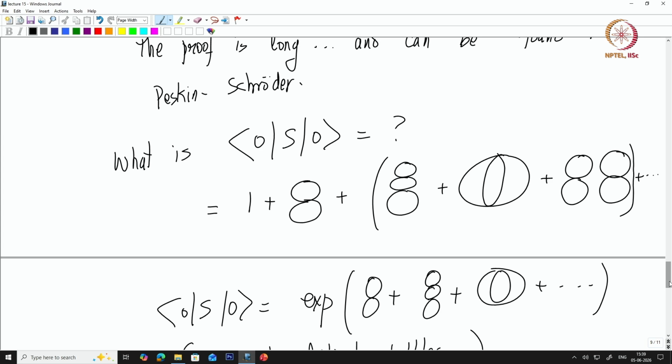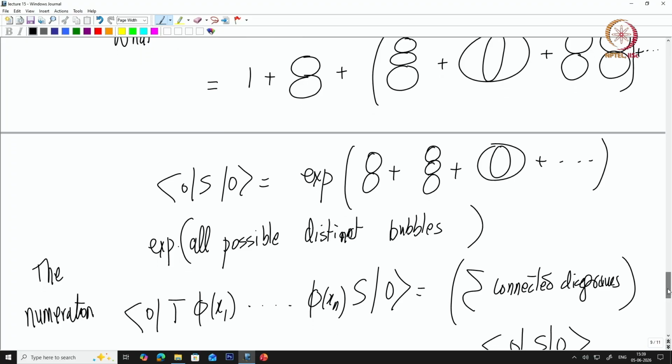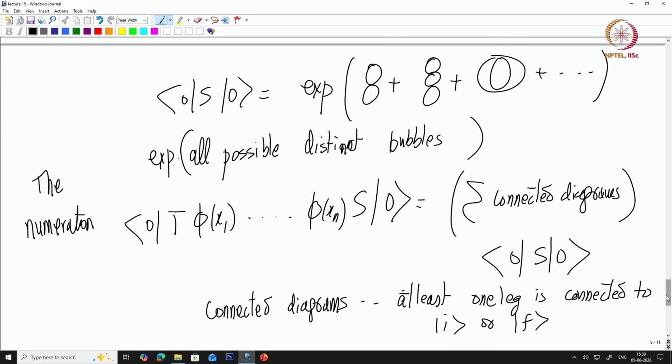The important point is these are connected diagrams, but there is no external line. And this series is an exponential series, so you can go further and further. So this vacuum to vacuum transition with the S matrix is nothing but all possible distinct bubbles exponentiated, and the numerator is all possible connected diagrams.